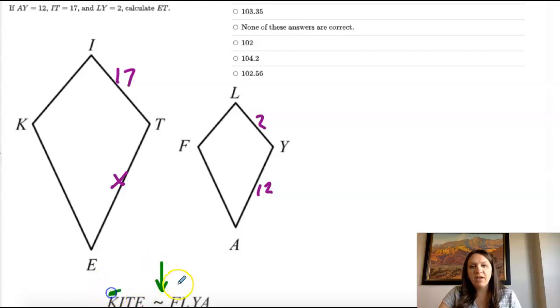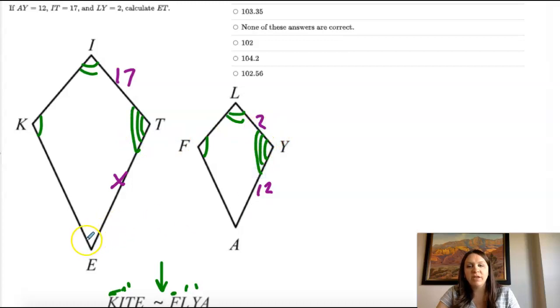So K is similar to F. I is similar to L. T is similar to Y. So these are actually lined up perfectly. The angles already. And then E to A.